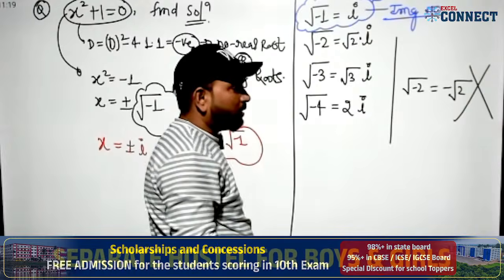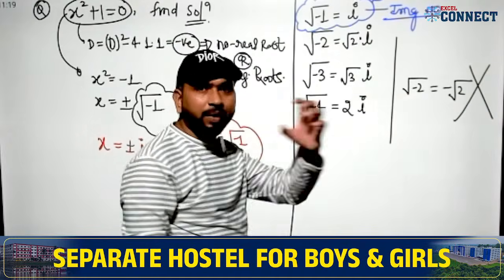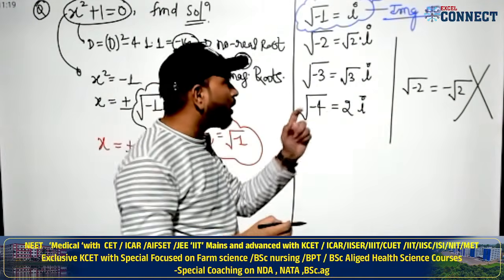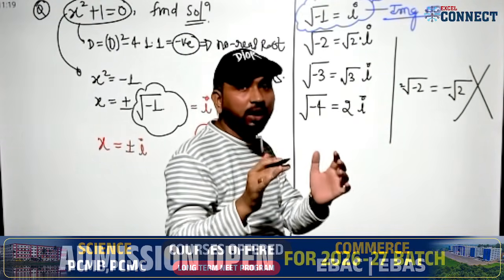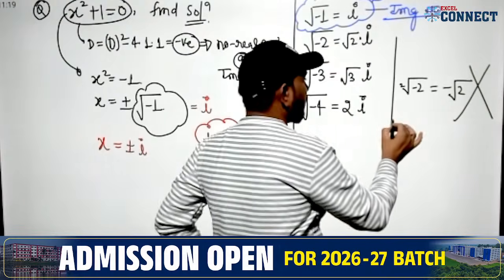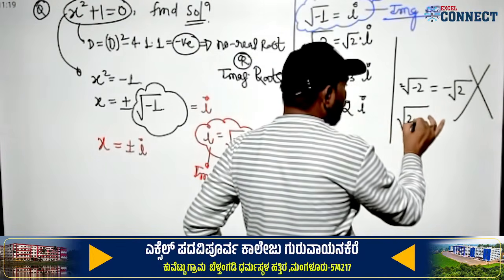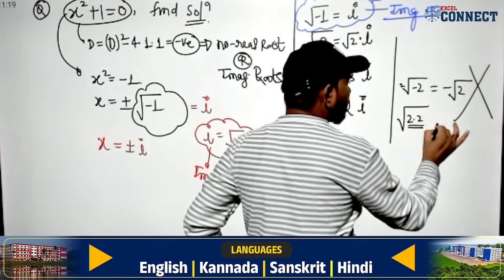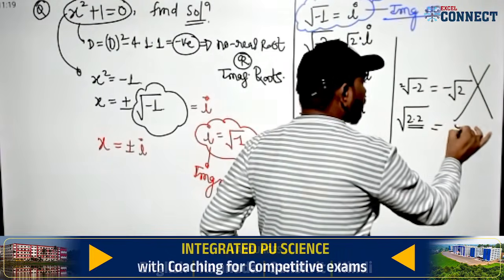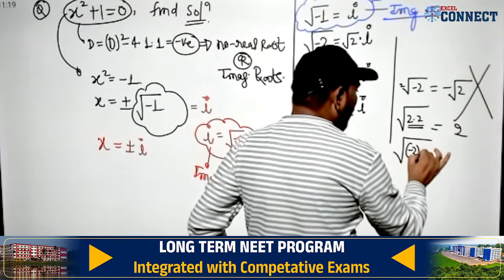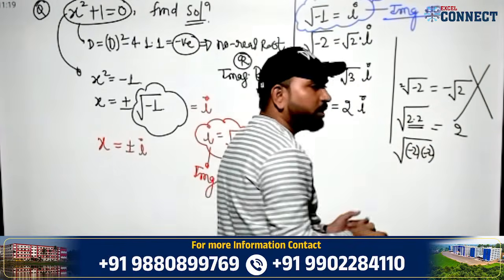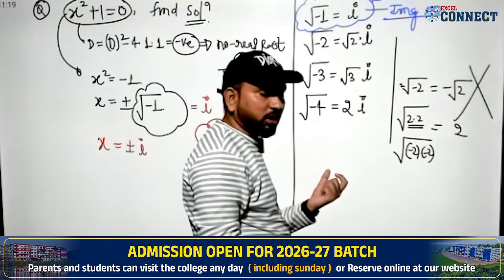We can't take minus common, because whatever comes out common comes from the square root. It means the exponent is 2. So whenever two of the same thing are present inside the root, then it comes out common. Let's suppose one number is 2 into 2, then 2 is present two times, so it comes out as 2. If minus 2 into minus 2 is present, then yes, we can take minus 2 common.